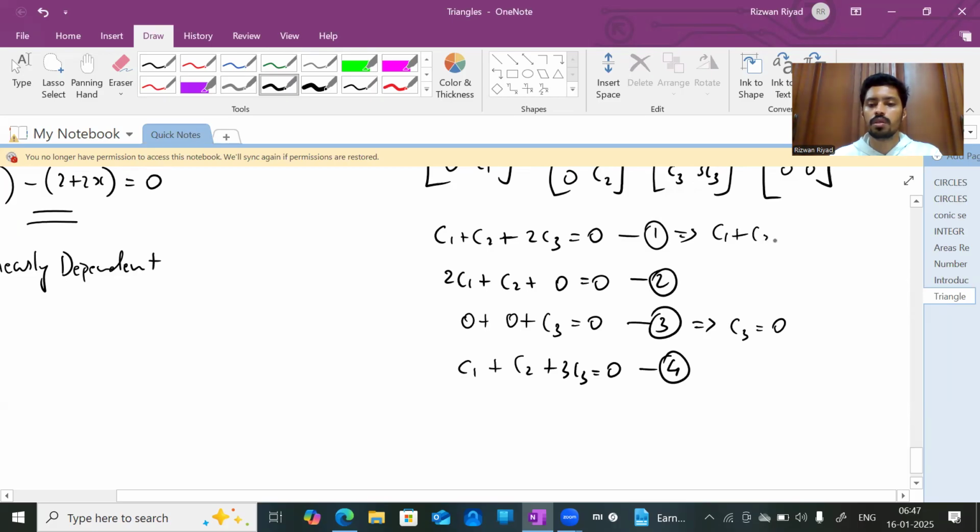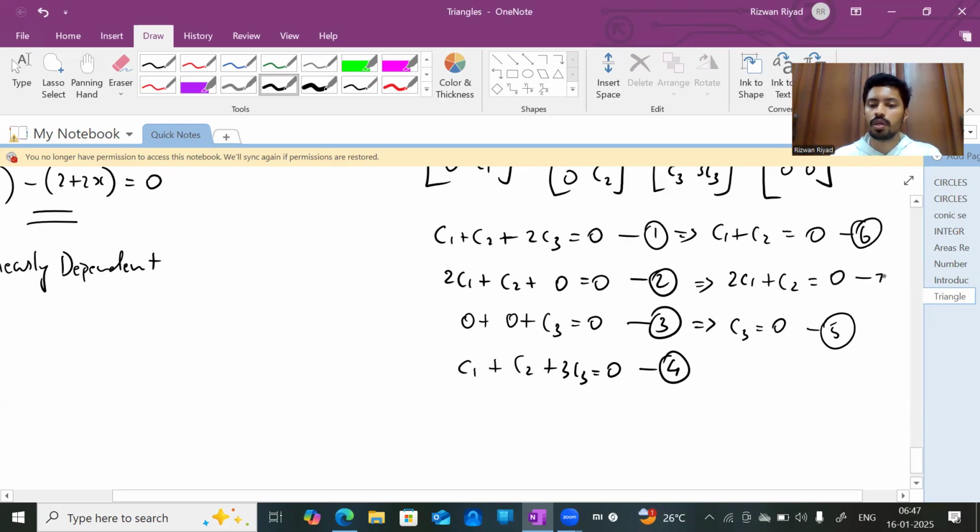Suppose this is equation number 5. Next, 2C1 plus C2 plus 0, which means 2C1 plus C2, equal to 0.